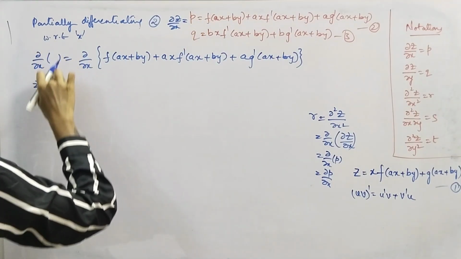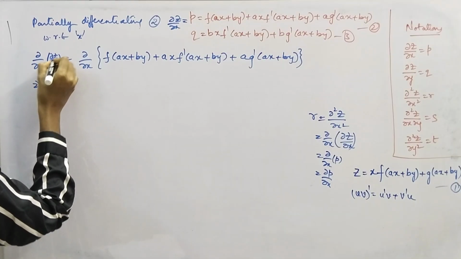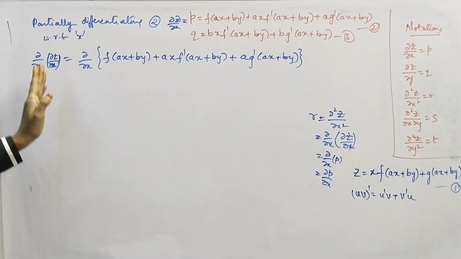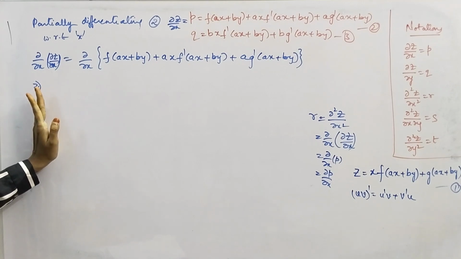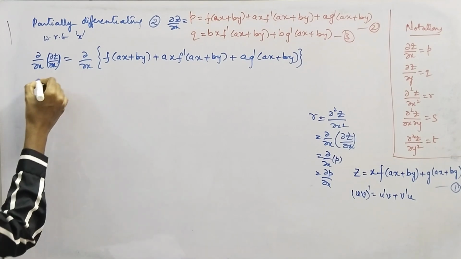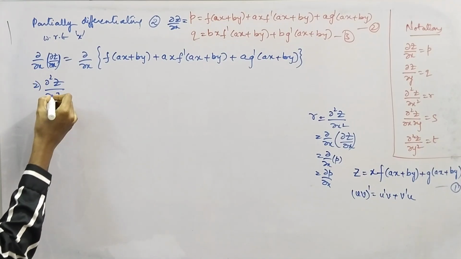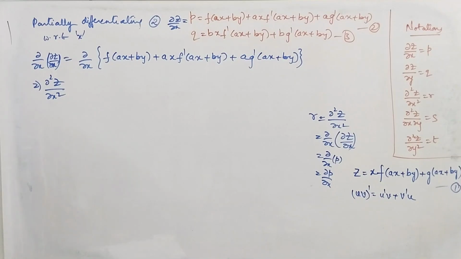Dou by dou x of p is itself r, or dou by dou x of dou z by dou x is also r. We'll get the same thing, no need to worry.